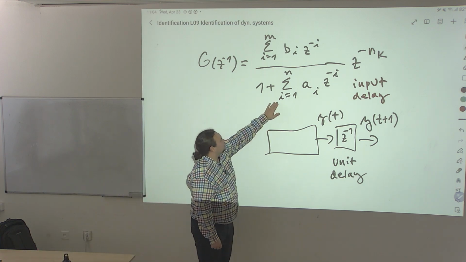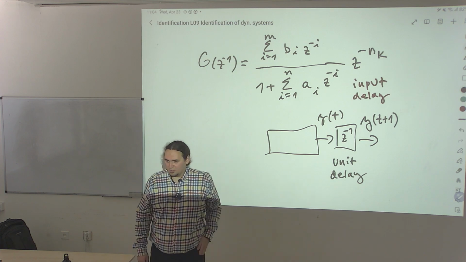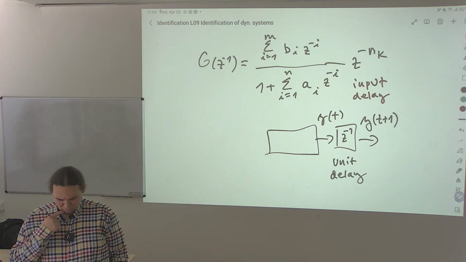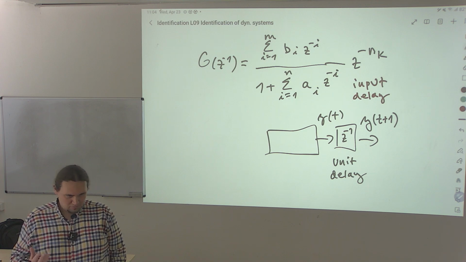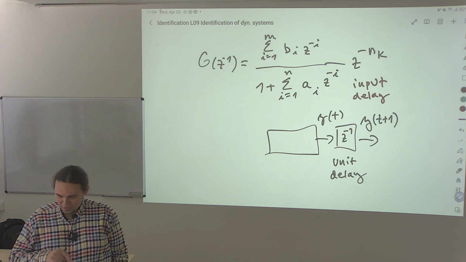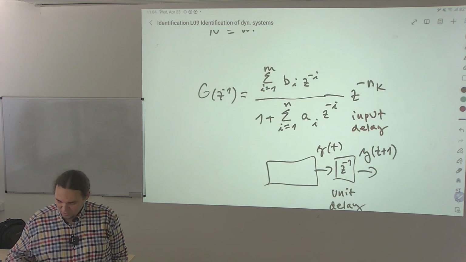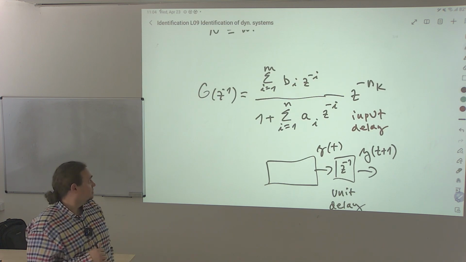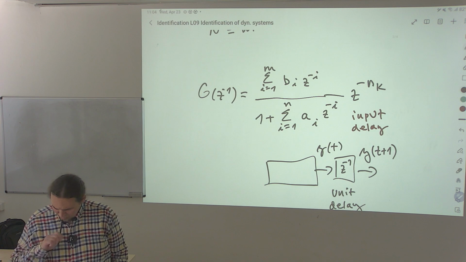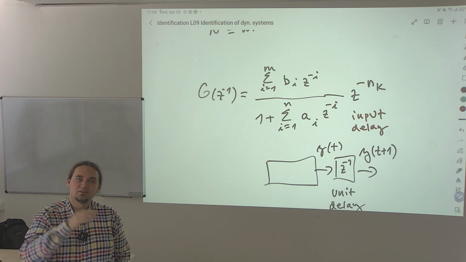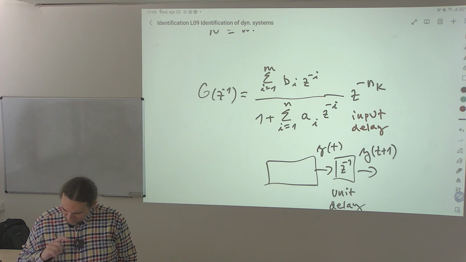It's maybe more important to look at these terms. So yes, this fractional transfer function, I hope it resembles what you see in the theory of automatic control, and what it would be called in the identification domain.